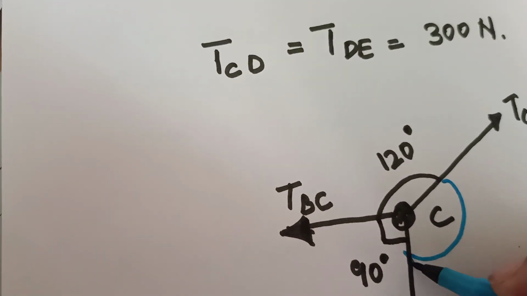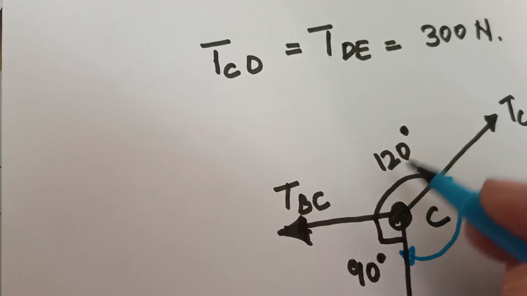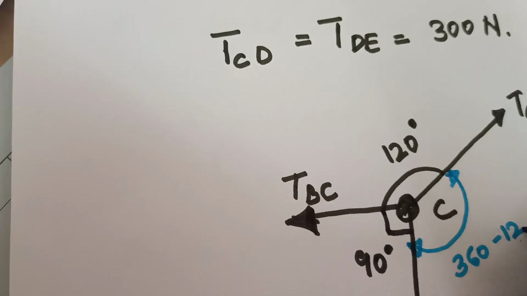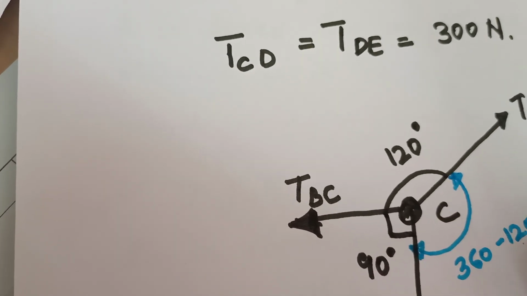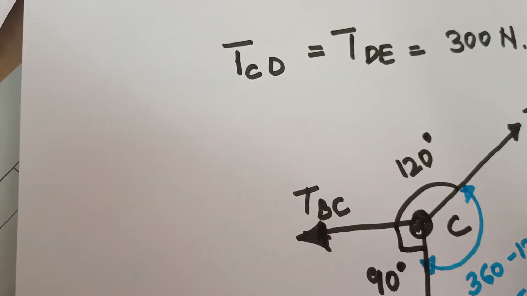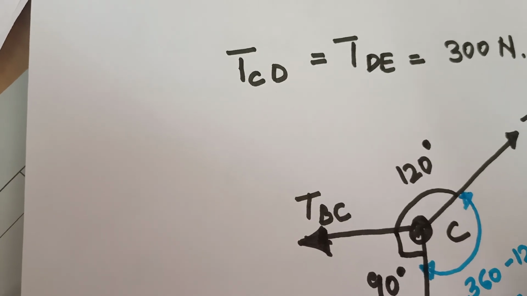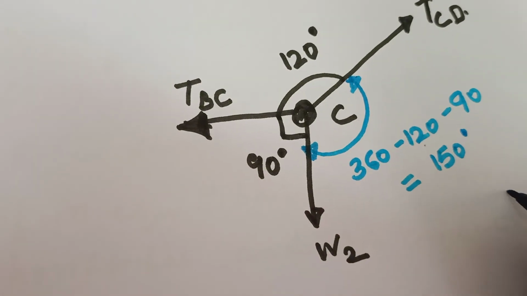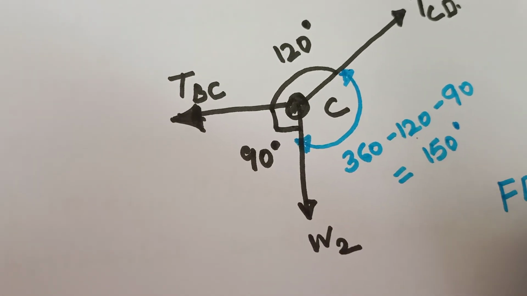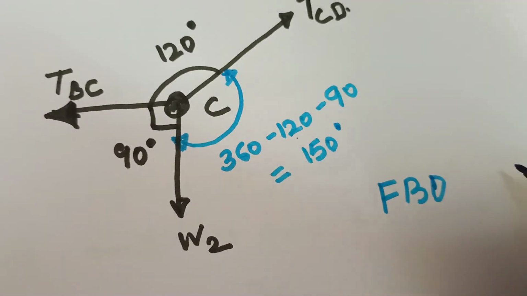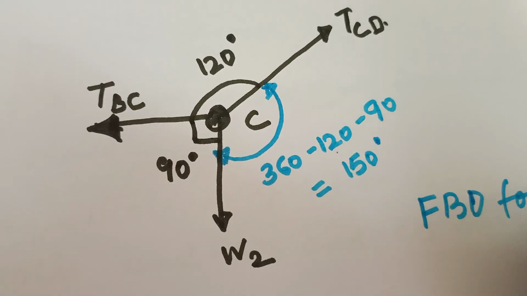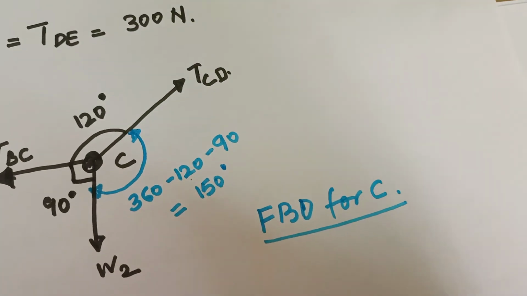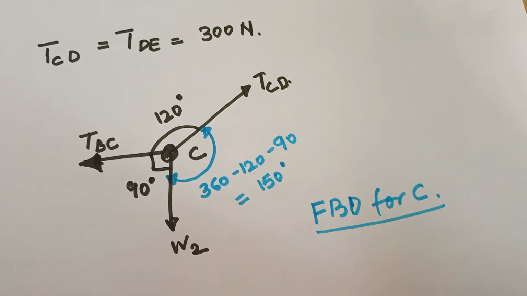We know the total circle is 360, so 360 minus 120 minus 90 comes out to be 150 degrees. So this is the free body diagram for point C.